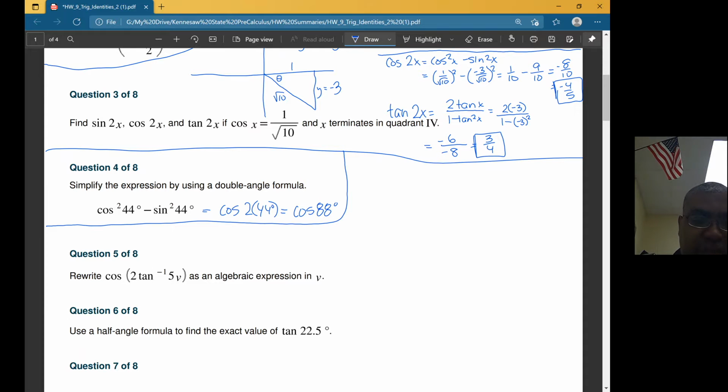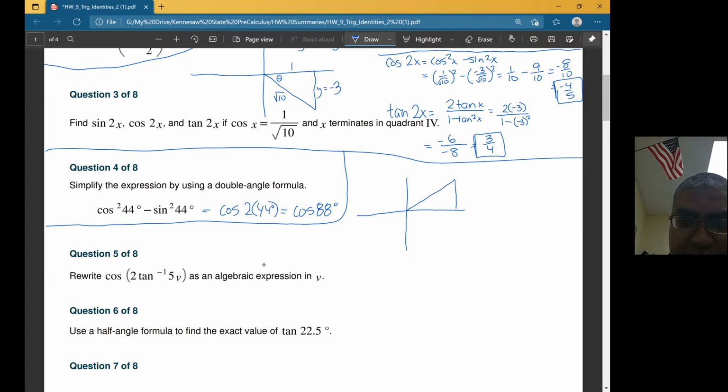All right, number 5, a little work on this one. Rewrite cosine of 2 arctangent of 5v as an algebraic expression. We don't know how to take the cosine of 2 times the arctan of anything, so we draw a picture. You always assume quadrant 1 unless told otherwise.